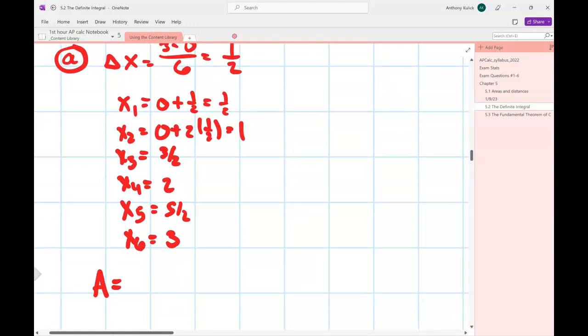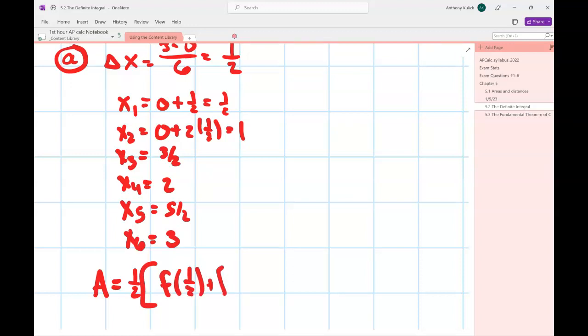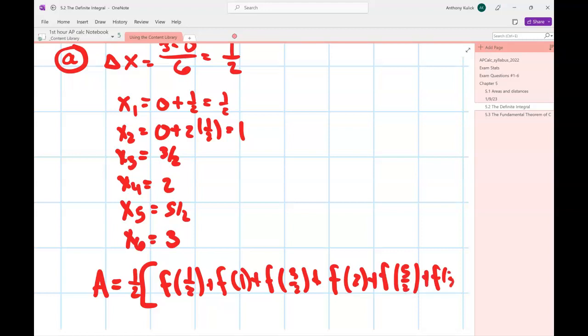Okay, so my area is just going to be delta x times f of 1/2 plus 1/2. Well, let's just write it this way. We'll do 1/2 times f of 1/2 plus f of 1 plus f of 3/2, dot dot dot, and we'll write them all out. f of 2 plus f of 5/2 plus f of 3.